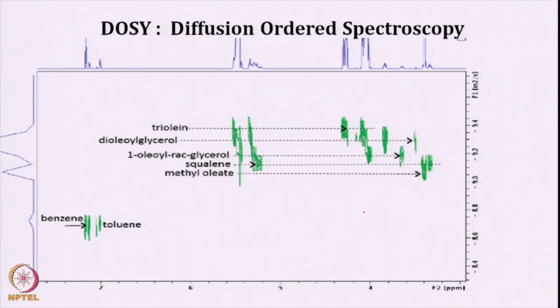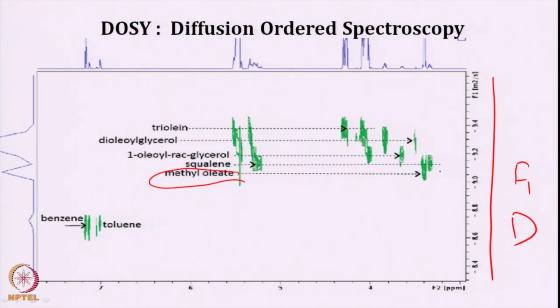Suppose we have a mixture of molecules with different molecular weights. We get different chemical shifts, as you can see here, and in the indirect dimension, the F1 dimension, you have the parameter D. Now, a molecule like dioleoylglycerol, another glycerol molecule, or a methyl oleate molecule has a different diffusion depending upon its shape and size, and that can be correlated with the chemical shift of each of these moieties.